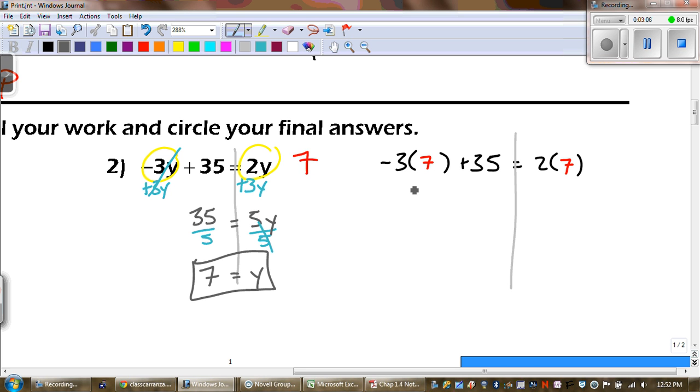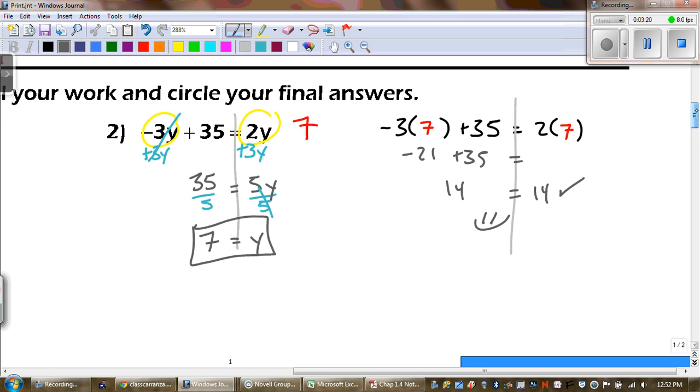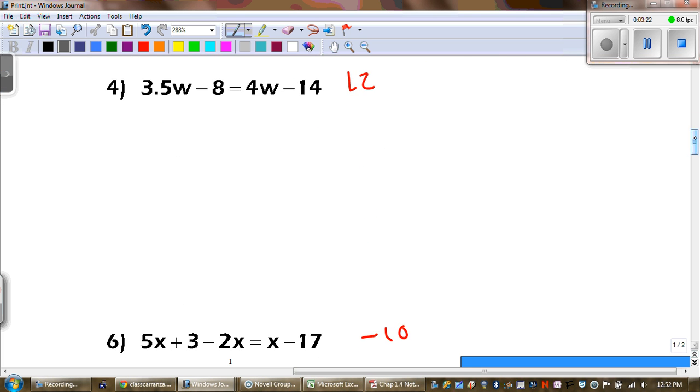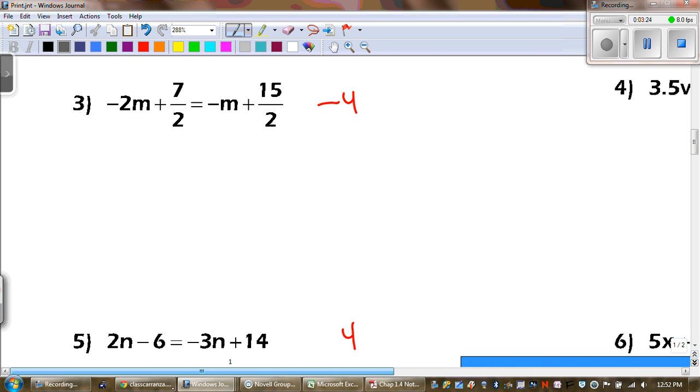Negative 3 times 7 is negative 21 plus 35. That gives us 14. 2 times 7, well, that gives us 14. Does 14 equal 14? Yay! That means we did the right answer. Okay? You can do that on any test or quiz, and if you did it correctly, you'll get the right answer. Okay?